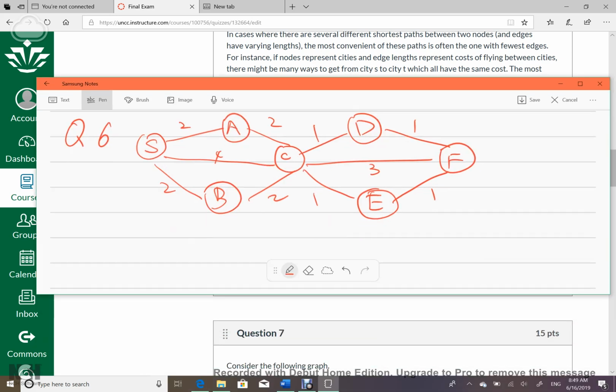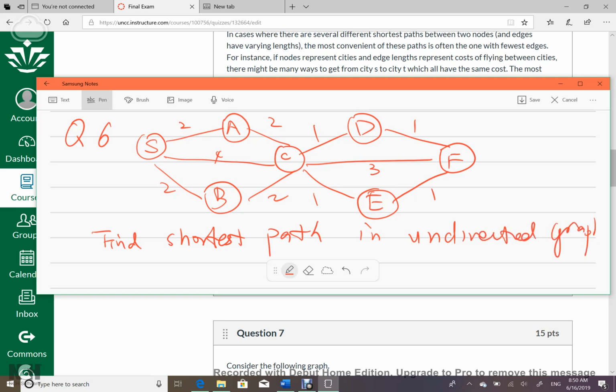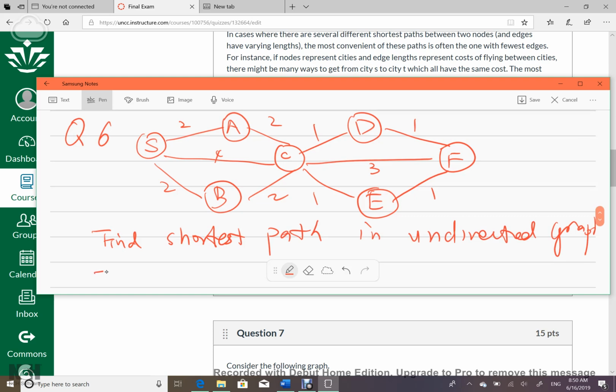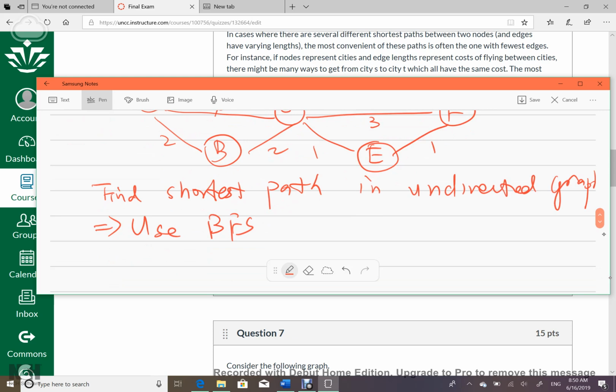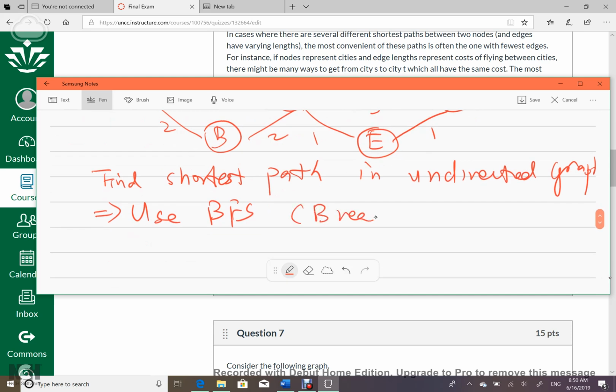And since we need to find the shortest path, we see in the undirected graph, we can use BFS, breadth first search.